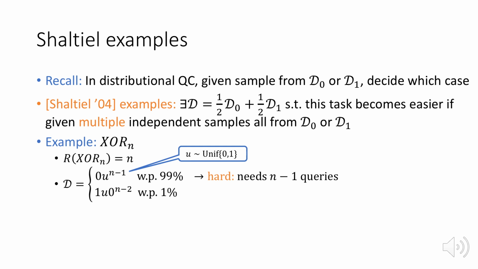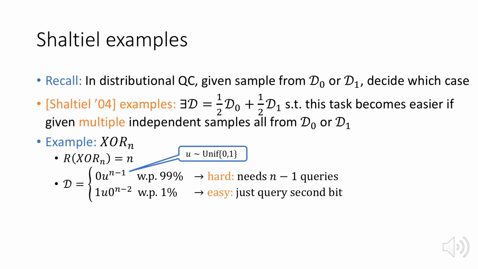We can see that the distribution is hard 99% of the time. This is because if the first bit is 0, then the algorithm needs to compute XOR on n-1 bits with respect to the uniform distribution, which takes n-1 queries.